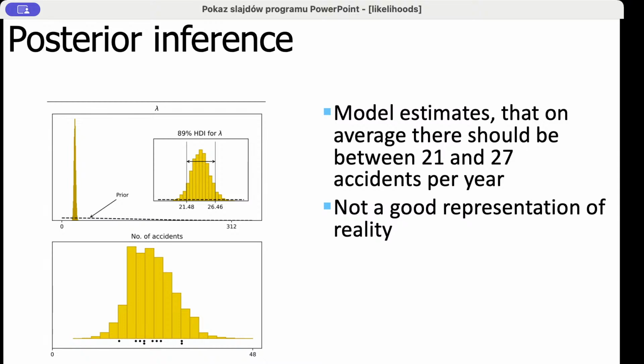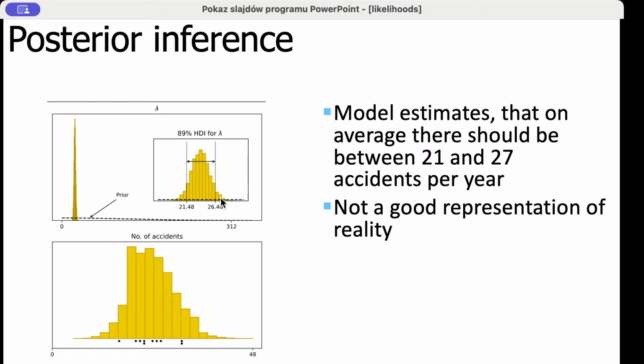If we, however, introduce the data to the model, we can see a significant concentration of samples, and we can get a rather good representation of lambda.